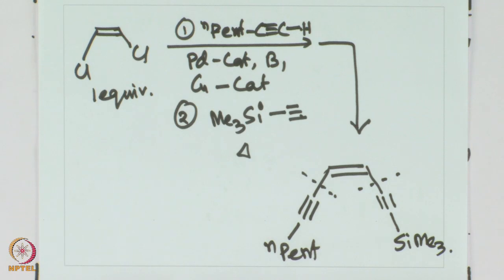So, what we are trying to tell you is, if we have multiple halides in your electrophile, each of those halides can be selectively reacted, because the reactivity of the first one is much more compared to the one that is undergoing the product formation.